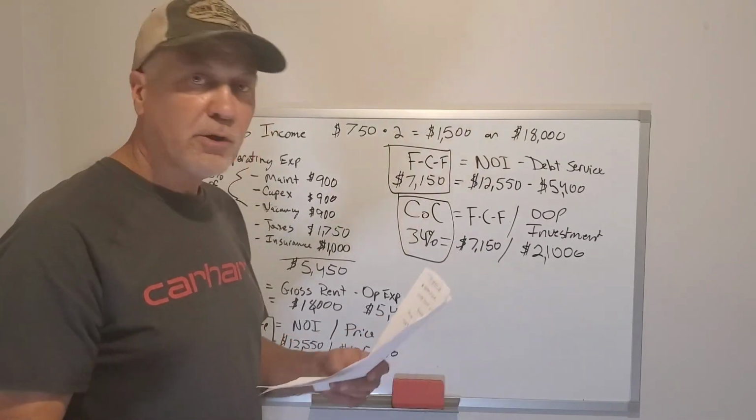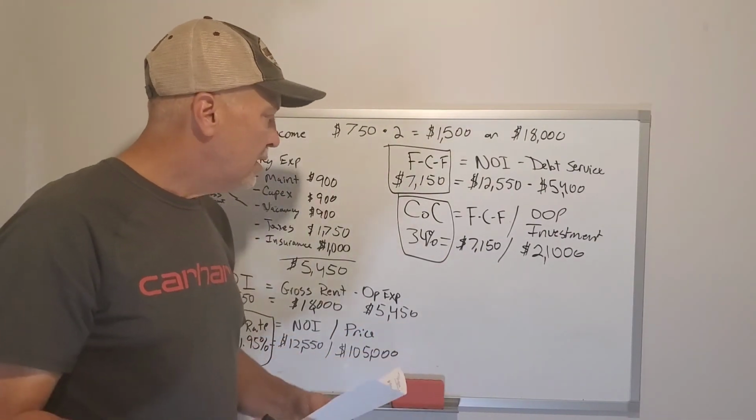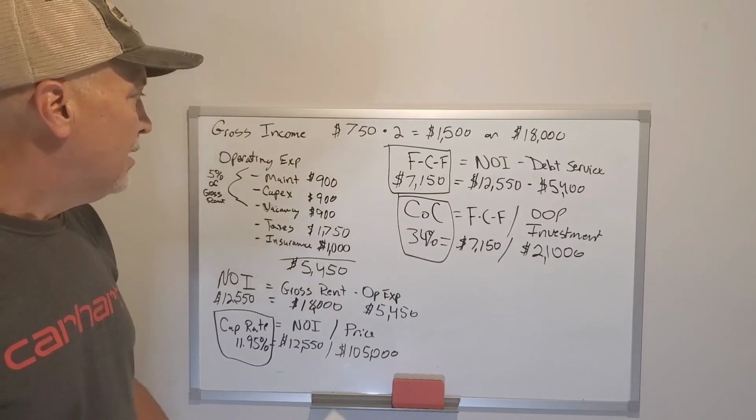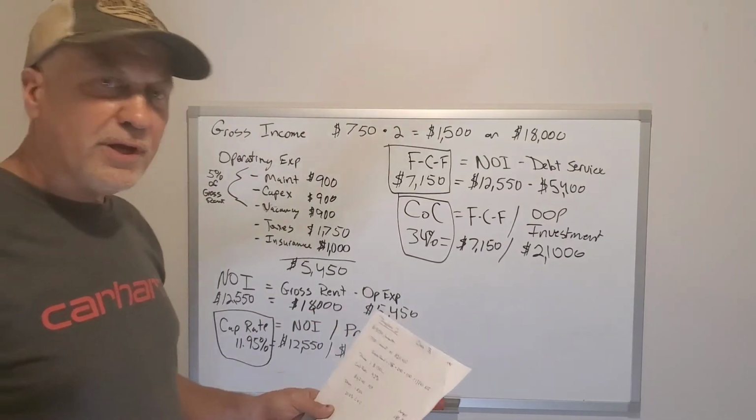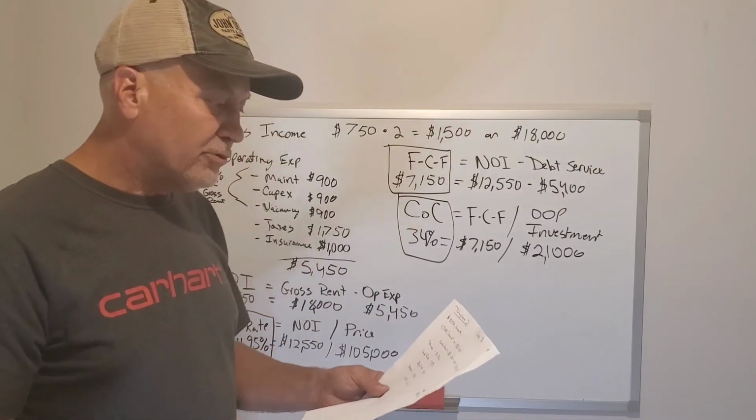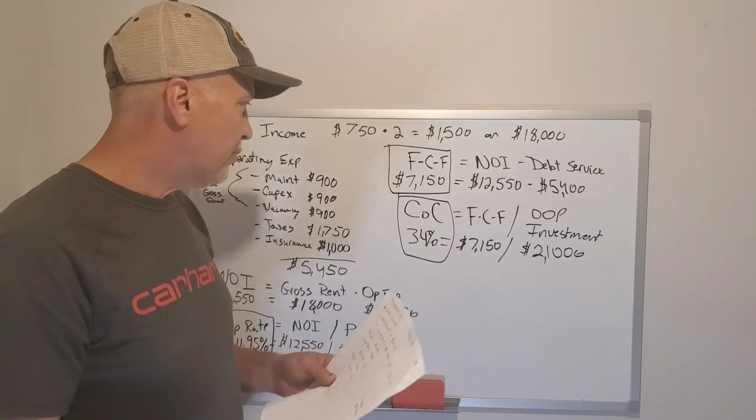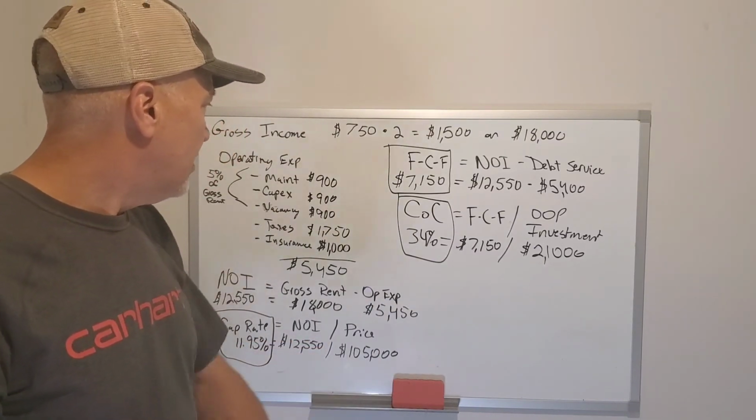So it was quite a bit lower, but it was a B-class property. And that's fairly standard what I see in my area for B-class rentals, about a 10 cap with about 20% cash on cash return.